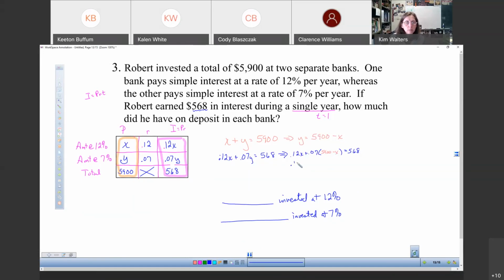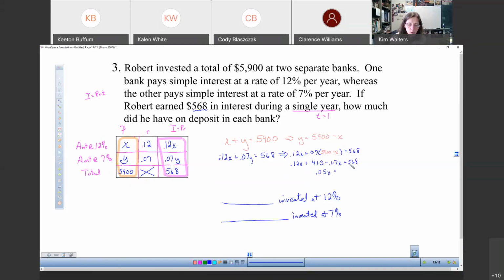So this is going to be 0.12x plus, when I multiply this through here, hang on, I didn't write that number down, sorry. It is going to give me 413, and then minus 0.07x is 568. When I collect these two together, that's going to give me 0.05x.